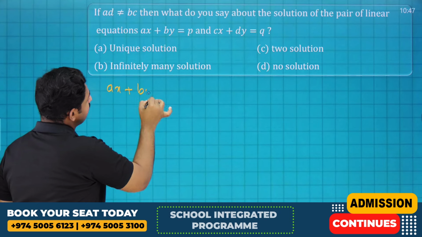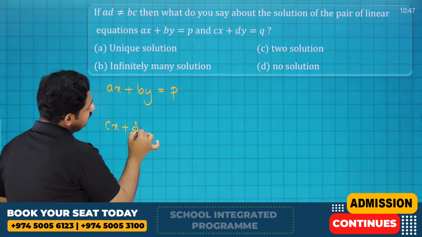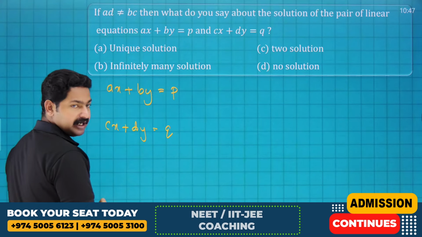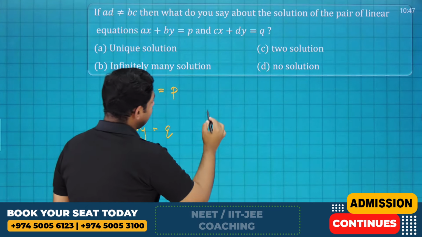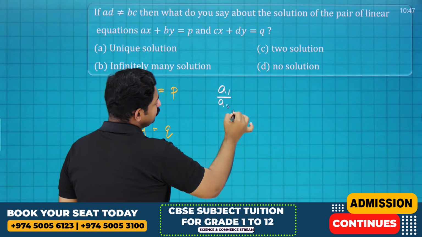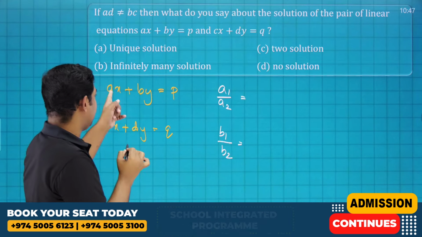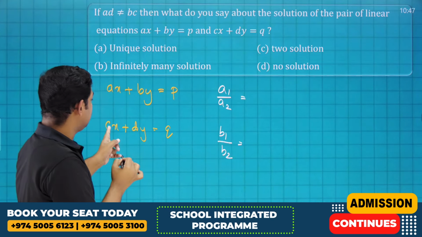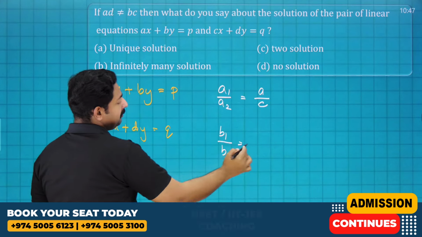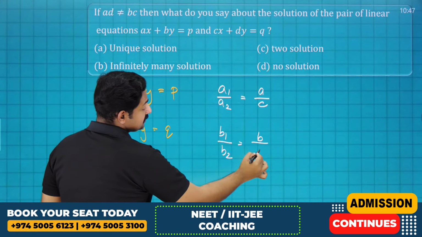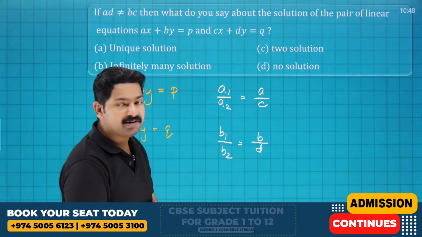Now we can just take the ratios A1 by A2 and B1 by B2. A1 will be A here and A2 will be C here. So A by C. And B1 will be B here and B2 is D here. So A by C and B by D are the ratios A1 by A2 and B1 by B2.